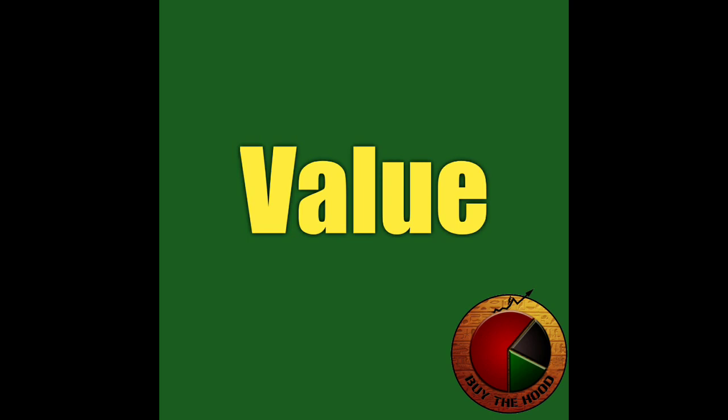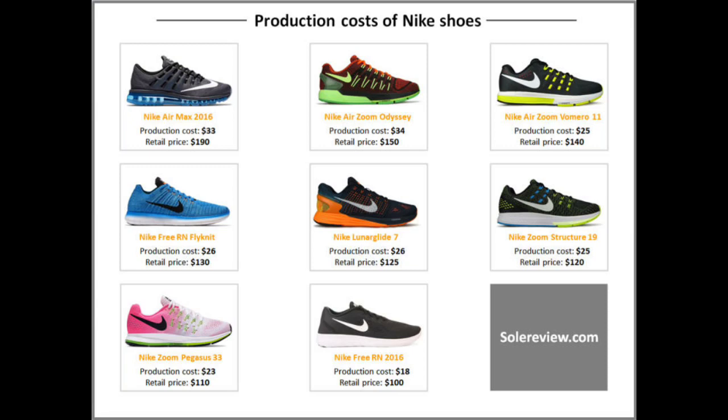And last, we have value. Value is the worth of an object or a service to a specific individual. So it's about how much that thing or service is worth to someone specific. So here's a good example to illustrate the difference. And I got this from Soul Review. This may be a couple years old, but it still illustrates the point.